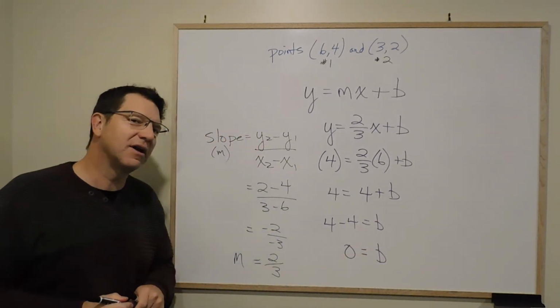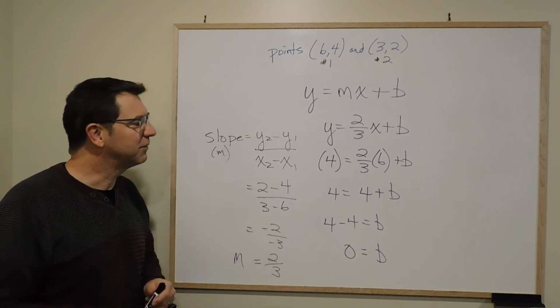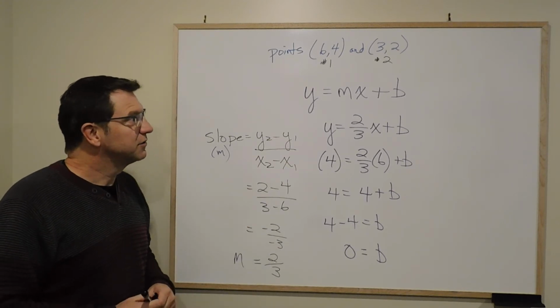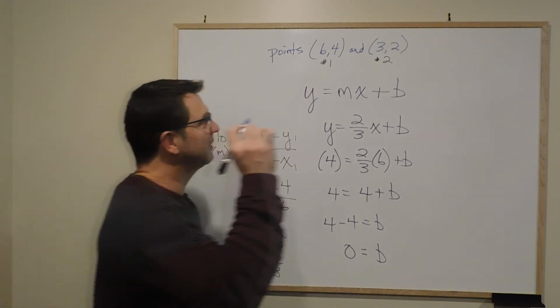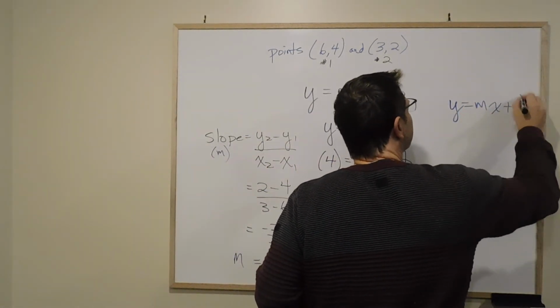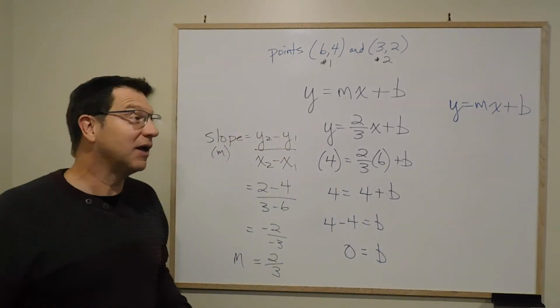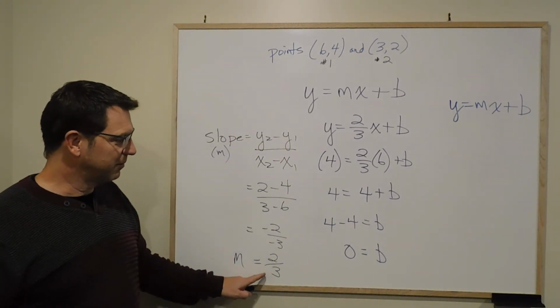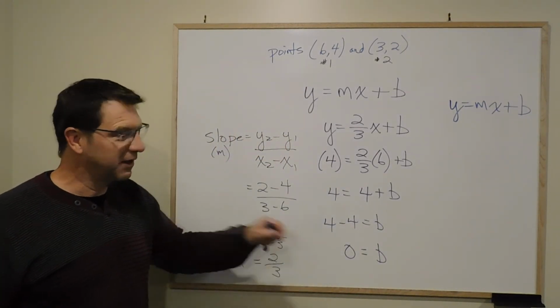And that's okay. You did not make a mistake. b equals 0. Okay. So what's our equation? Well, because our equation always has to be y equals mx plus b, where we keep the x and we keep the y, we can sub in a slope, and we can sub in a b of 0.